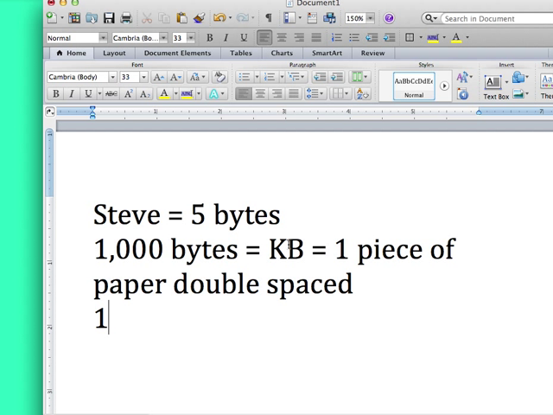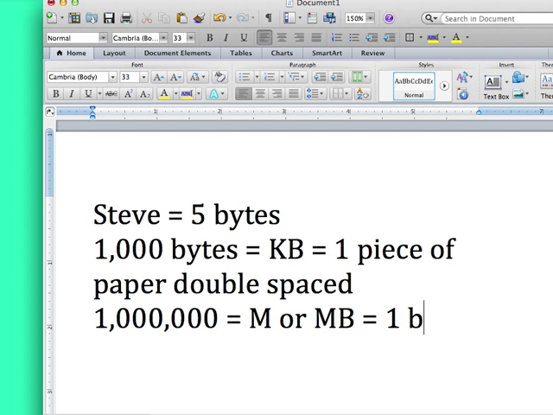1 million bytes is called a megabyte, M or MB, and it's equal to 1 big book, such as a Harry Potter book.